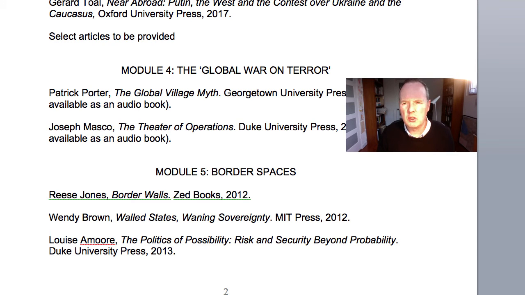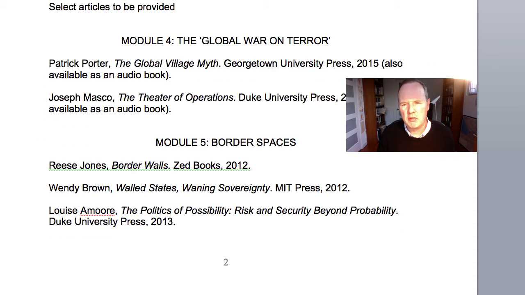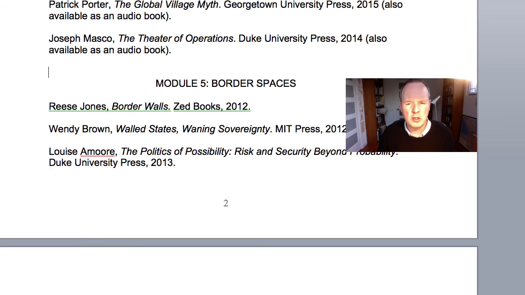And here we're going to look at the geographies of the global war on terror and a critique of the presumption that distance doesn't matter anymore in terms of strategy. And then also look at the ways in which certain geographic understandings were created around the global war on terror and what those enabled.